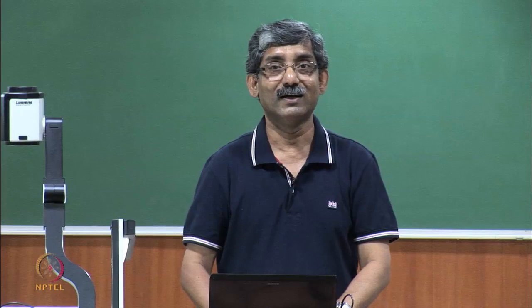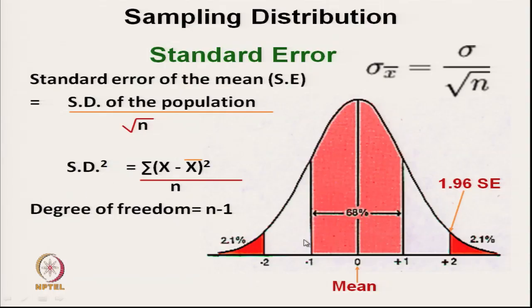So, this is plus minus 1 standard error of the mean, because this sampling distribution is of the mean of samples. That is the difference. So, it is 1.96 multiplied by the standard error, like that.